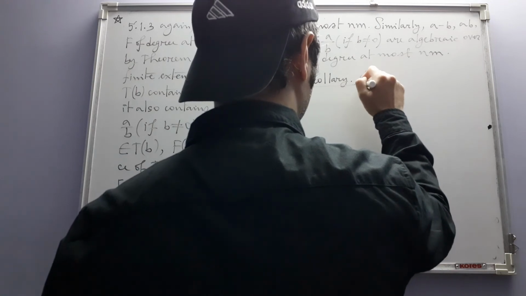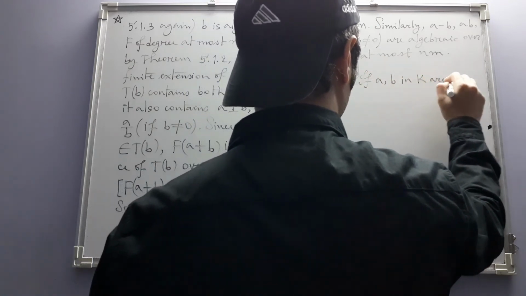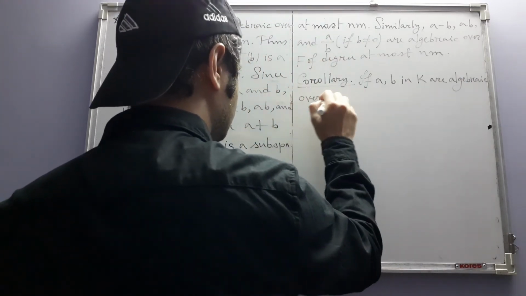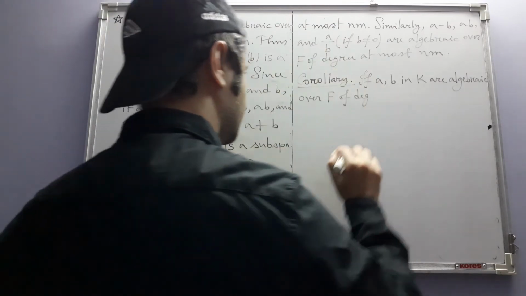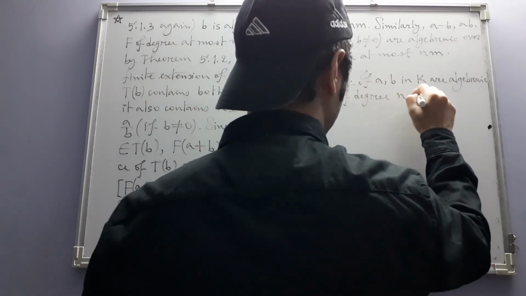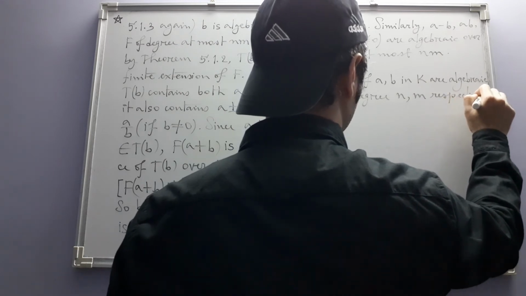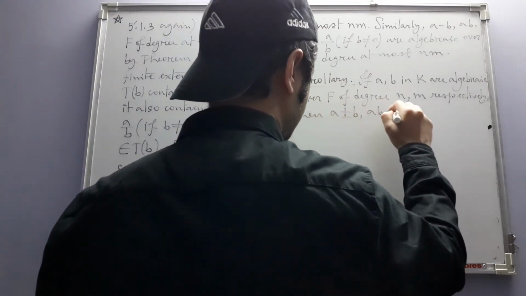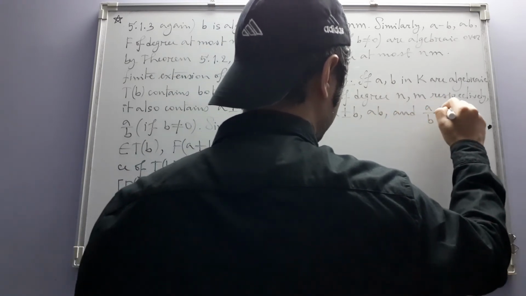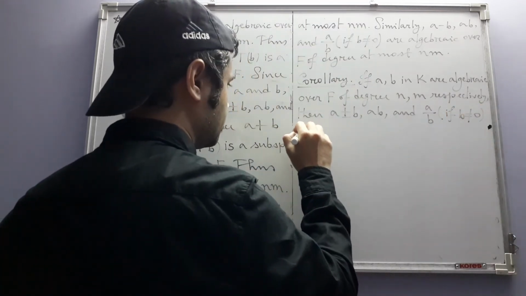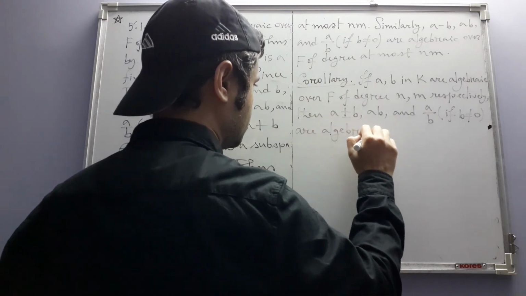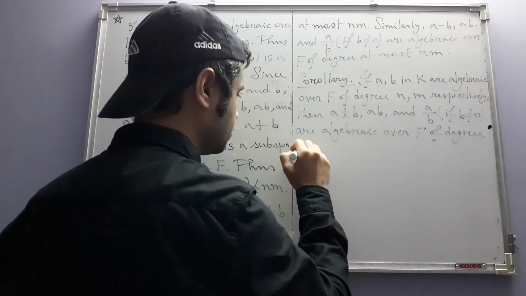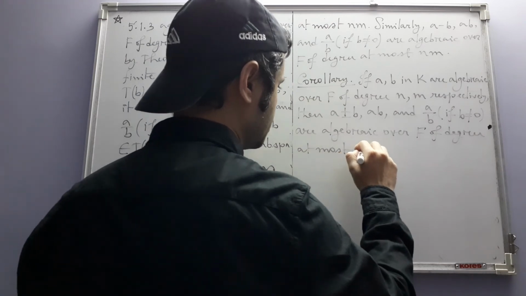If A and B in K are algebraic over F of degree n and m respectively, then A plus or minus B, AB and A divided by B, if B is non-zero, are algebraic over F of degree at most nm.